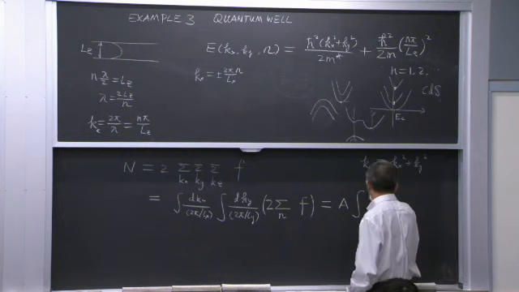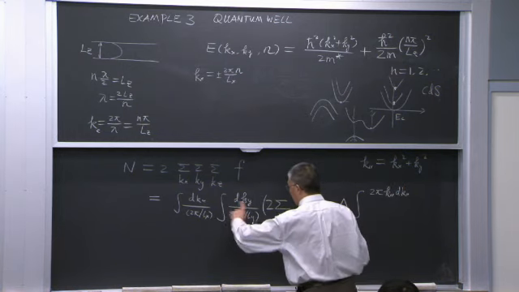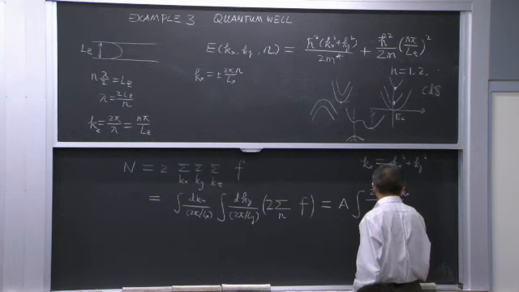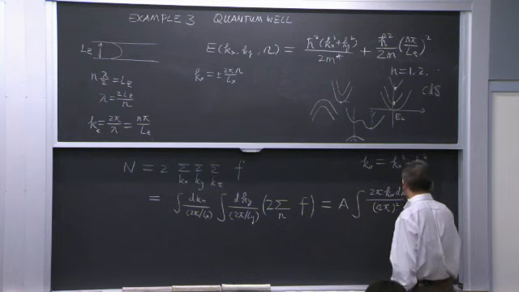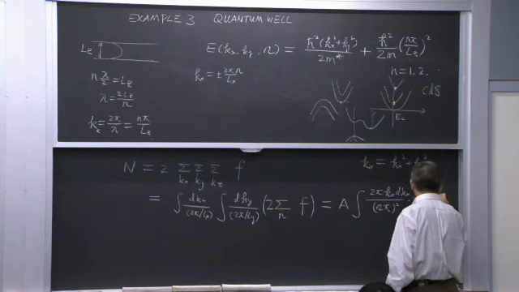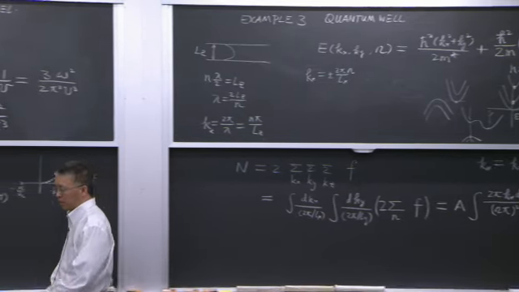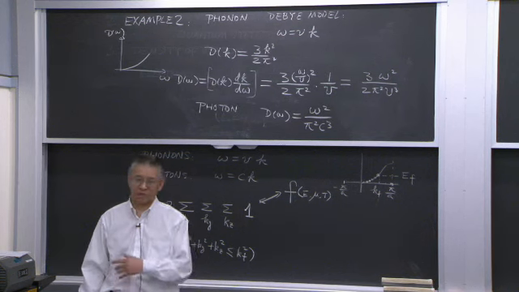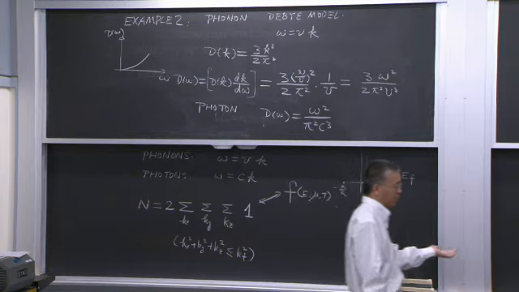So I have 2 pi k parallel dk parallel, that's the dkx dky, over 2 pi squared, then I have another 2 summation over n of f. You see, I'm not jumping into the density of states, I'm deriving it, just converting my summation into integration.